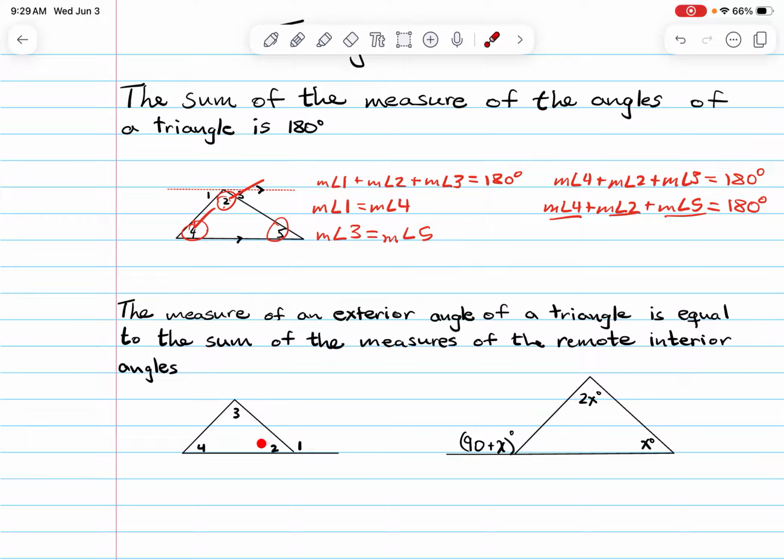In this case, I have a triangle with angles 2, 3, and 4, and then I extend this side out and I get angle 1. Now, I could have extended other sides and got angles, but we call this an exterior angle. Whenever we extend a side and we get an angle out here, we call that an exterior angle.